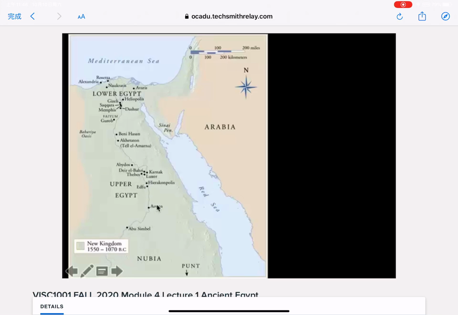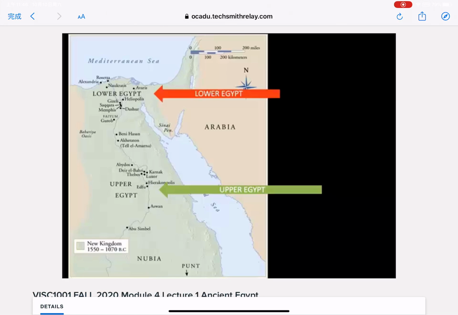And so because the water is running in this direction, that's why upper is here and lower is there, just to clarify any confusion. So, Upper Egypt and Lower Egypt.